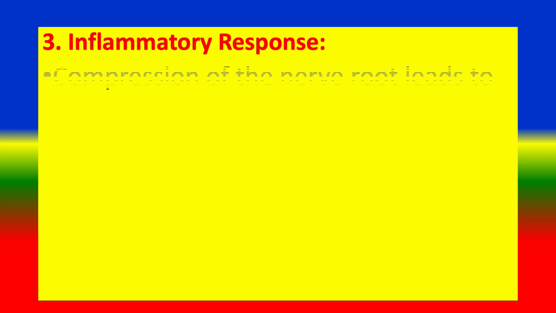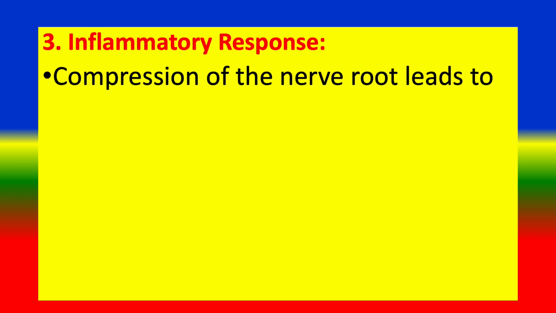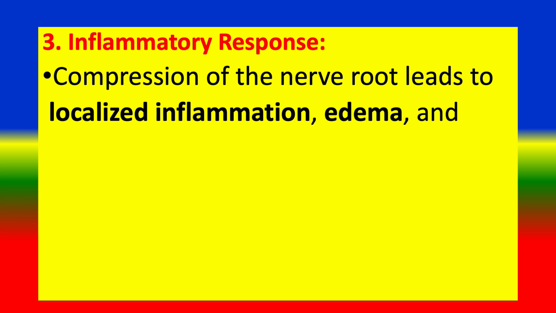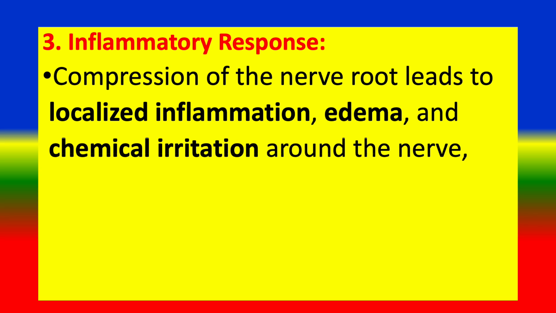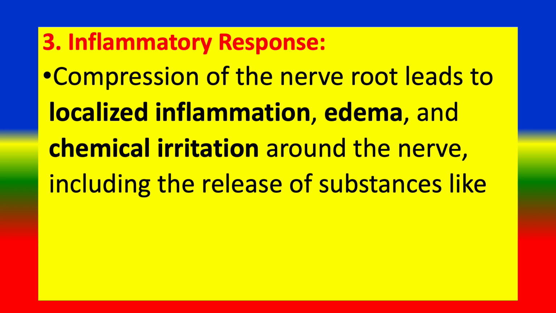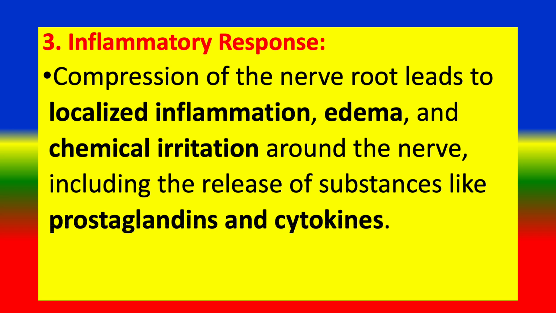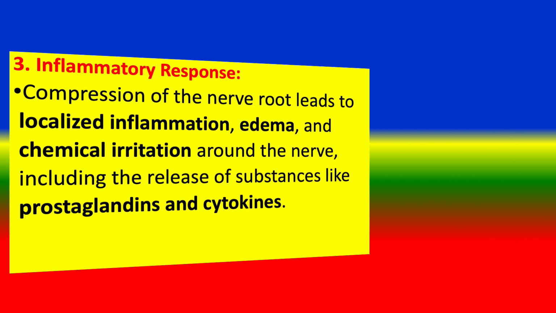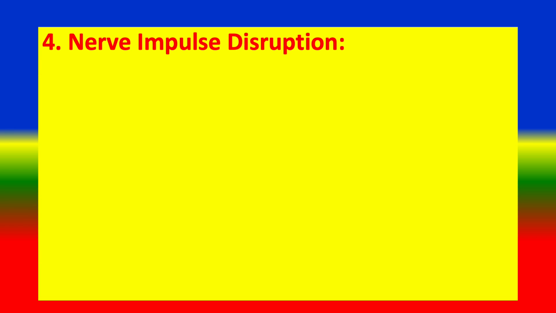3. Inflammatory response. Compression of the nerve root leads to localized inflammation, edema, and chemical irritation around the nerve, including the release of substances like prostaglandins and cytokines. 4.